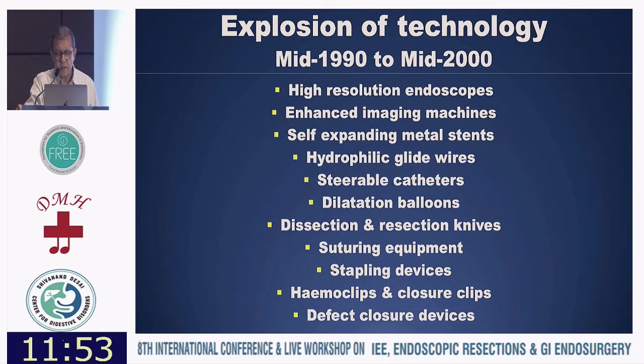What happened is, in the mid-1990s till mid-2000, there was a sudden explosion of technology. What came was high resolution, high magnification endoscopes, enhanced imaging machines, self-expanding metal stents, hydrophilic glide wires, steerable catheters, dilatation balloons, various dissection and resection knives, suturing equipment, stapling devices, hemoclip and closure clips or devices, and even defect closure devices.